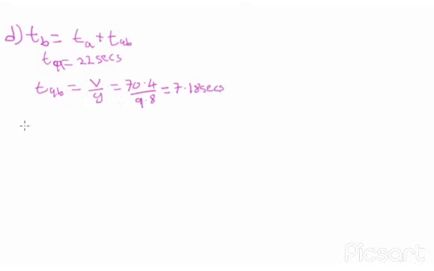So that is the time to reach from point A to point B. Our time to reach point B, which is our maximum height, will be equal to 22 plus 7.18, which is equal to 29.18 seconds. I hope this is clear. That is the time the rocket takes to reach the maximum height, which is point B in our diagram.